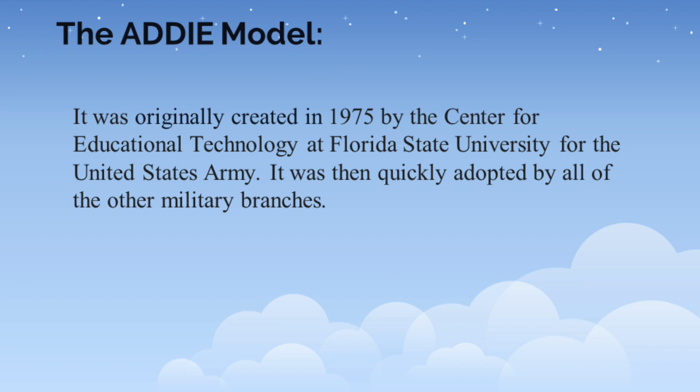The first model I'm going to talk about is the ADDIE model. It was originally created in 1975 by the Center of Educational Technology at Florida State University for the United States Army. It was then quickly adopted by all of the other military branches.